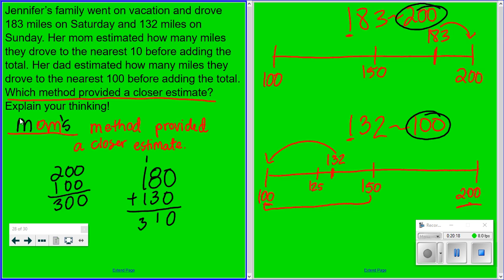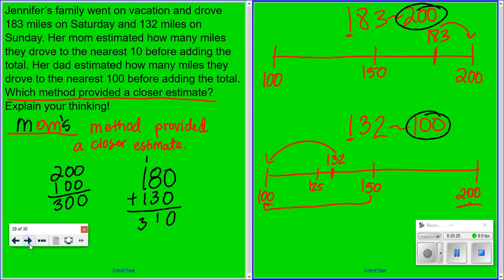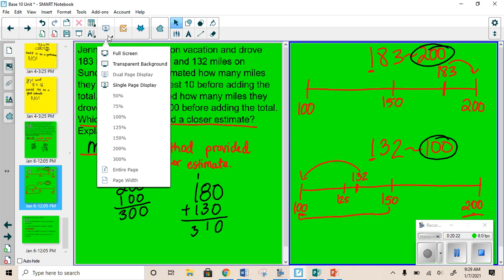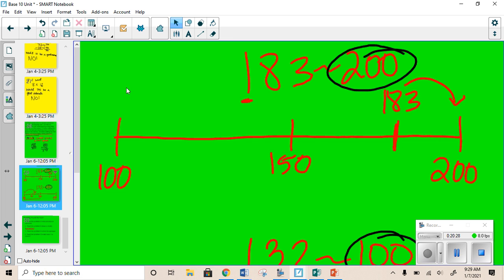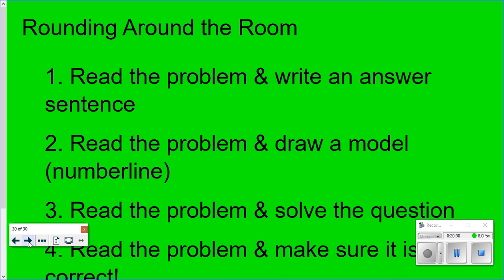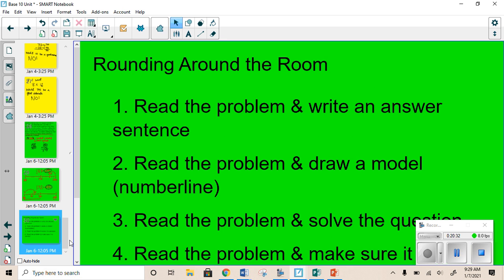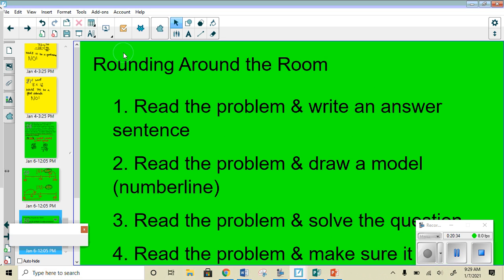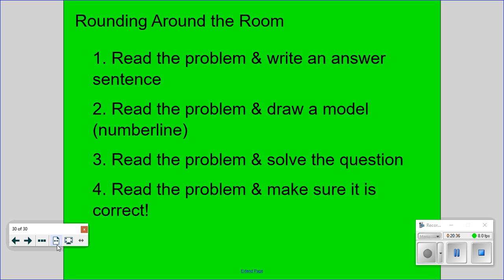Alright, so I'm going to go over what we're going to do with these pages. Okay. So we have done something similar to this before.